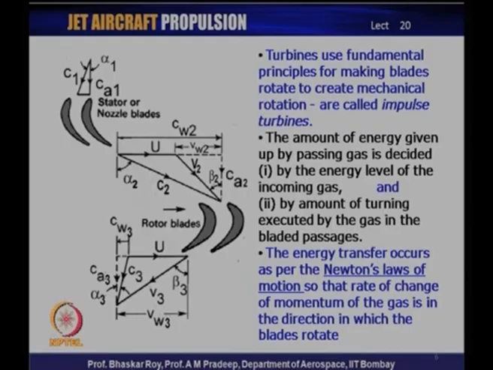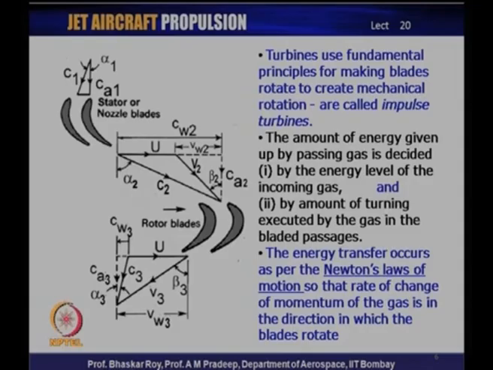Now, what happens is, if the rotor essentially makes the blades rotate simply by virtue of turning of the flow from beta 2 to beta 3, and during this process there is no change in the velocity V2 to V3, this kind of blade is simply referred to as an impulse turbine.